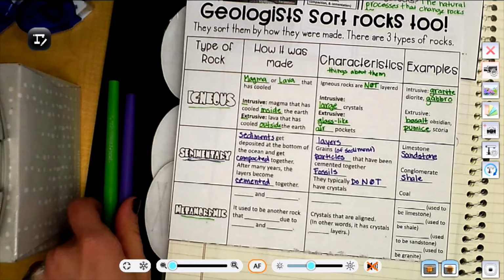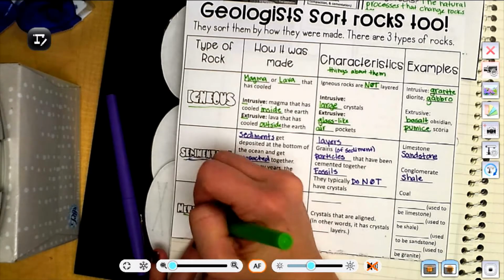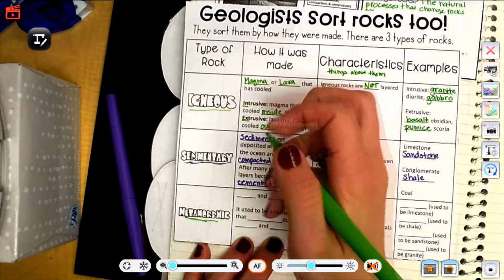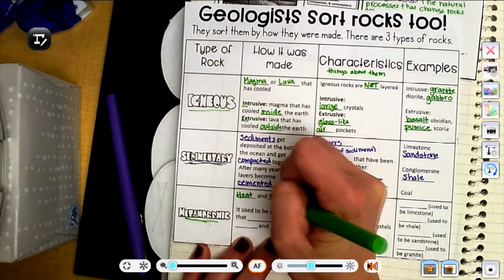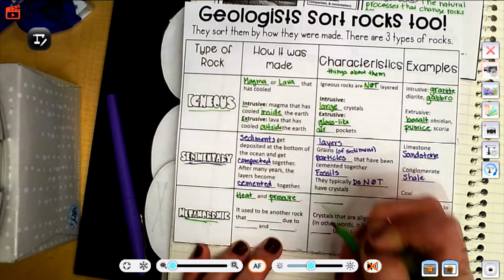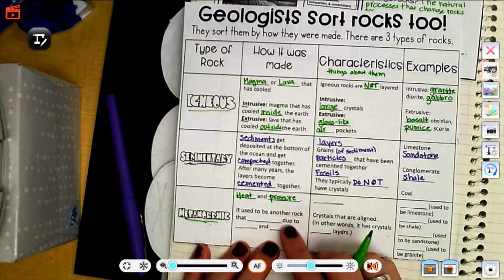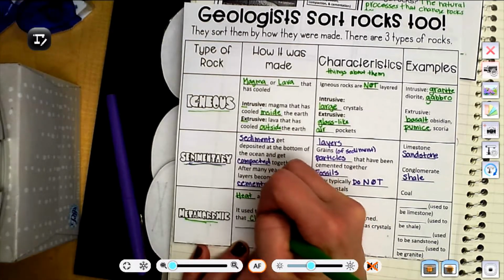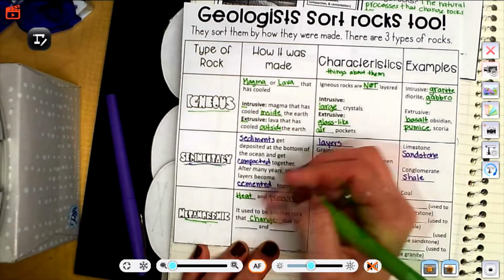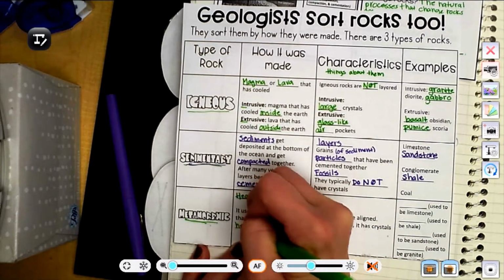Now we've got metamorphic. They are made by intense heat and pressure. They used to be another rock that changed due to that heat and pressure.